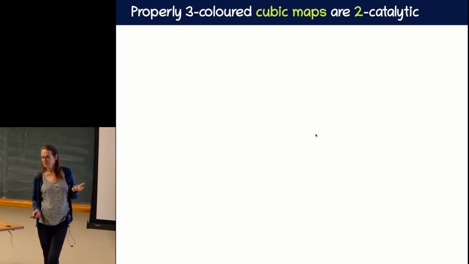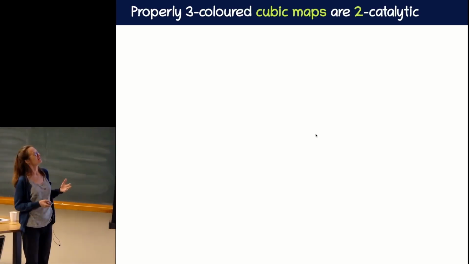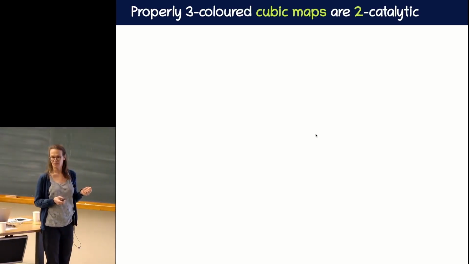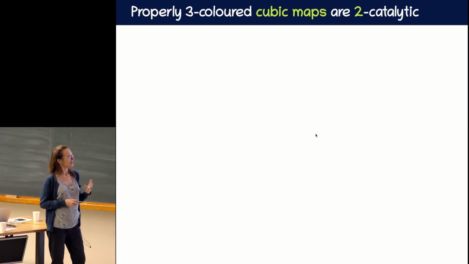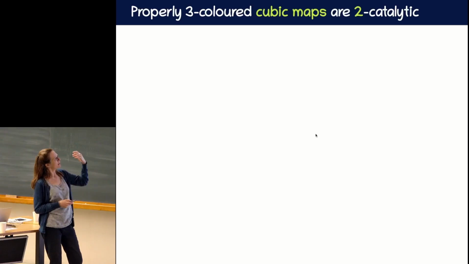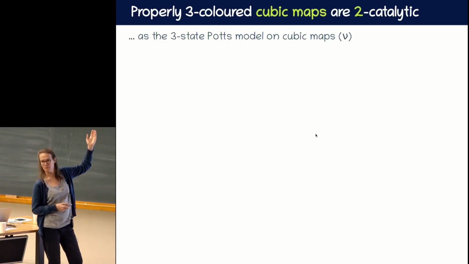I claim that the second is, at least for the moment, two catalytic, which means that I cannot write an equation if I'm not allowed to add two additional statistics. And if I agree to do so, I can even address much more general problems, like the full Potts model on these cubic maps.